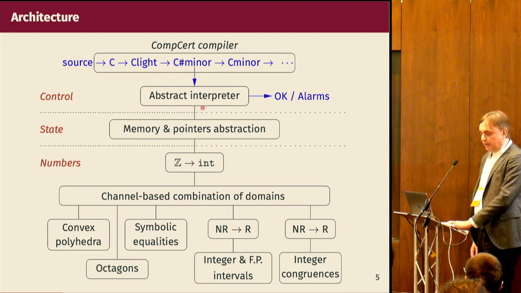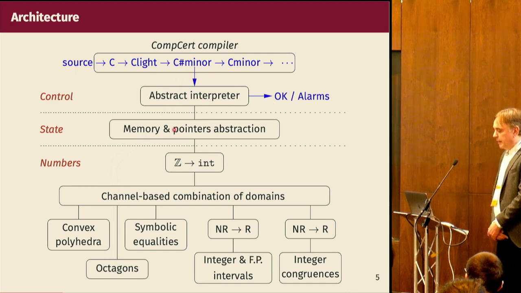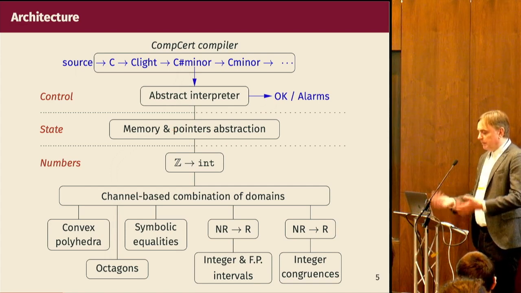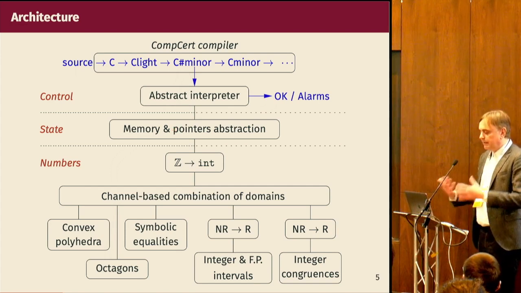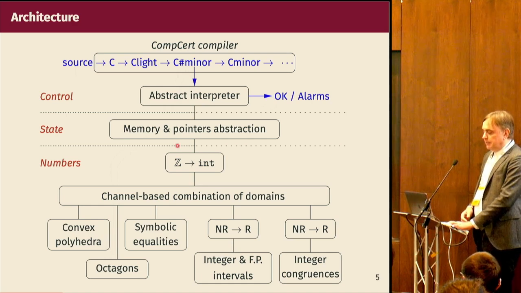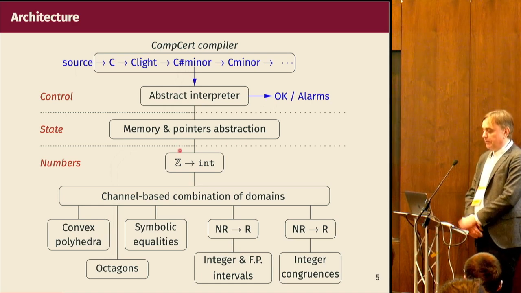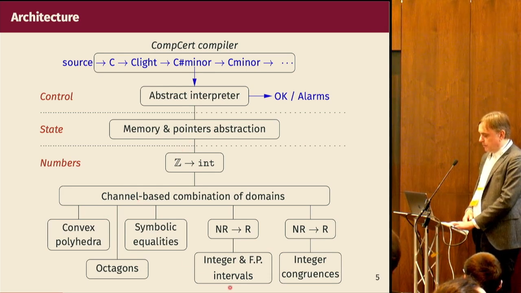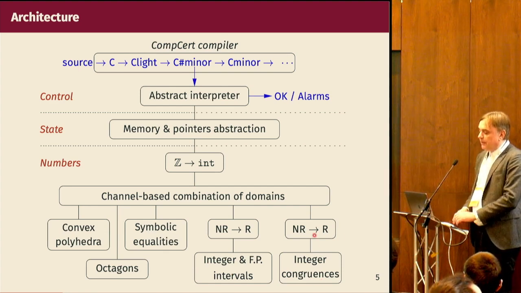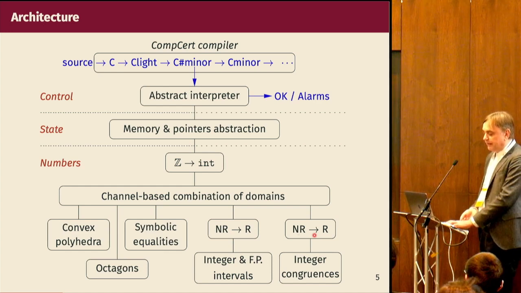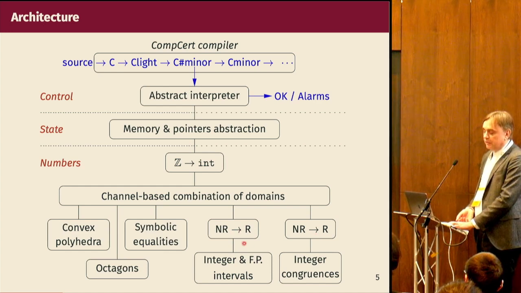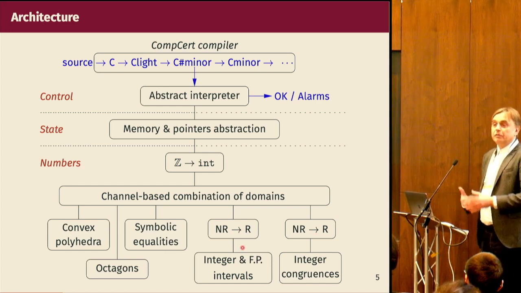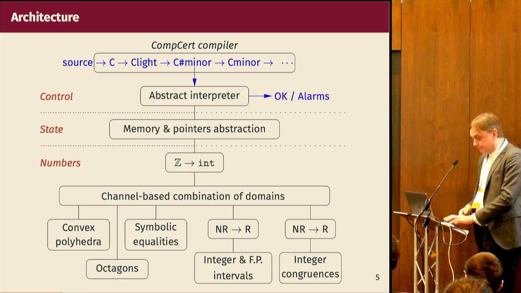It is parameterized by a state abstraction, which abstracts over memory states and pointers, and is parameterized over a numerical domain, which is a combination, a reduced-product-based combination of a bunch of domains. So there are non-relational domains like integer intervals, floating-point intervals, integer congruences, wrapped into a relational interface systematically. These are functors, typically; those boxes are functors in terms of ML and Coq modules.